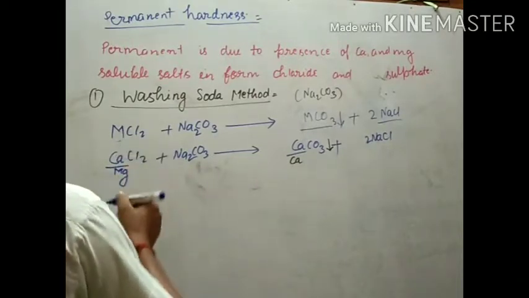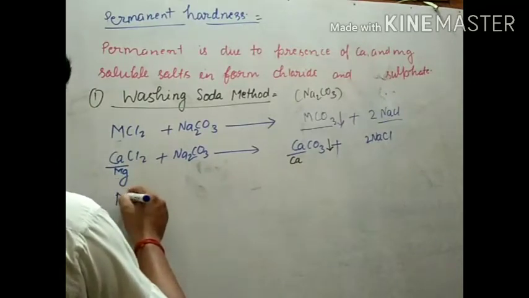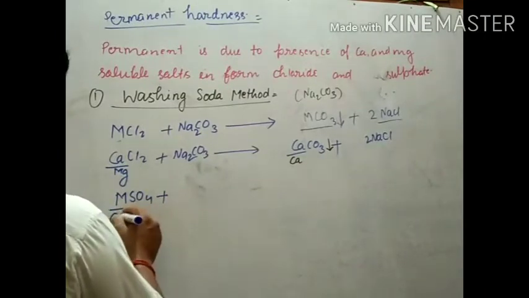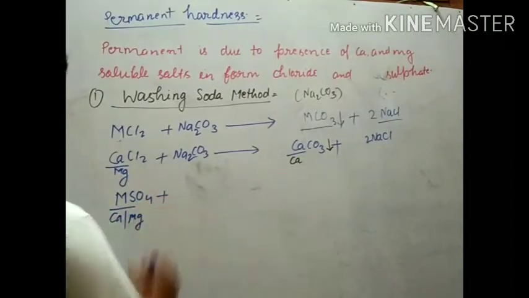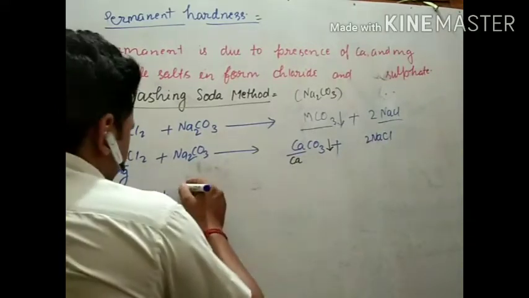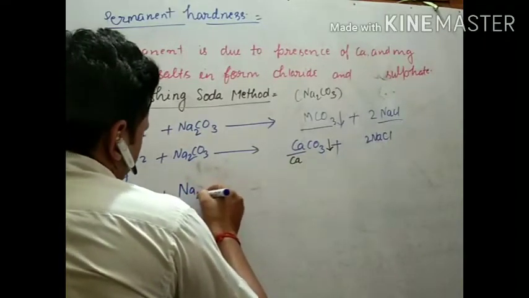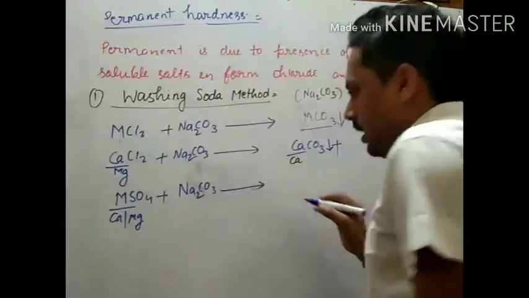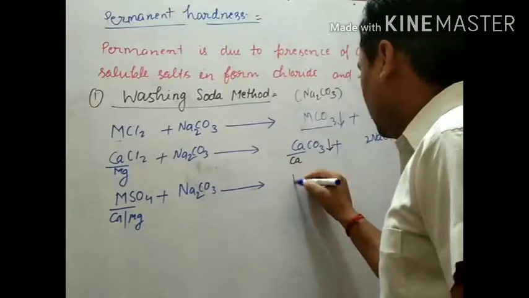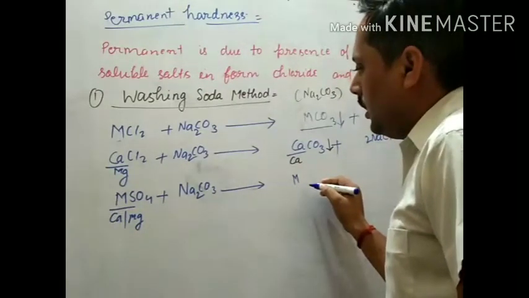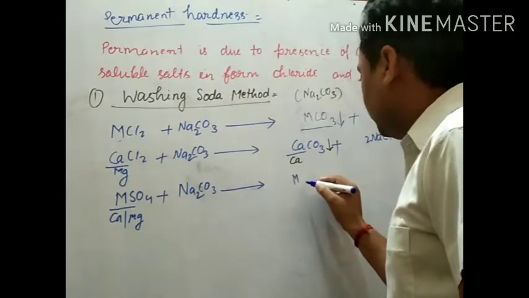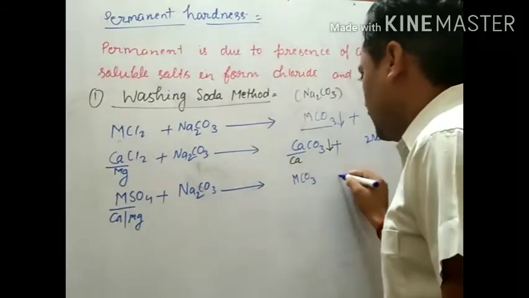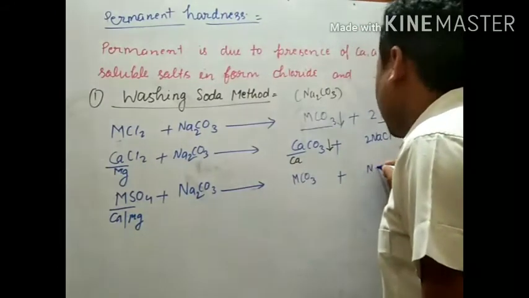Second, MSO4 means calcium or magnesium sulfate. Calcium or magnesium sulfate reacts with washing soda to form magnesium carbonate and sodium sulfate.